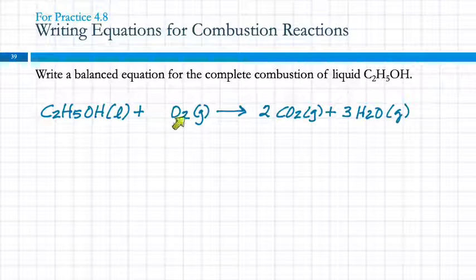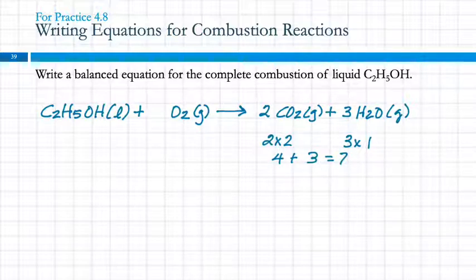And now I've got oxygen saved for last. I've got the oxygen here, and I've got 1 oxygen over there. And so let's count up what I've got on this side. I've got 2 times 2 and 3 times 1, right? So 4 plus 3, 7. And over here, I've got 2 and 1.